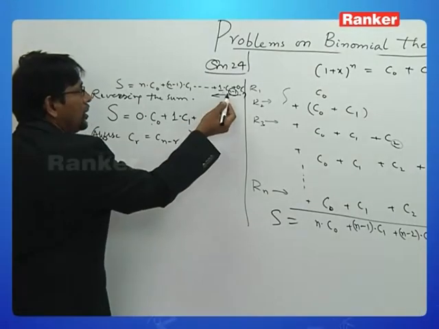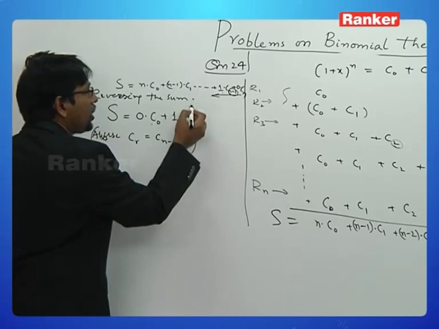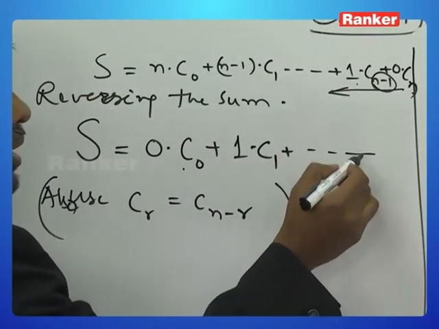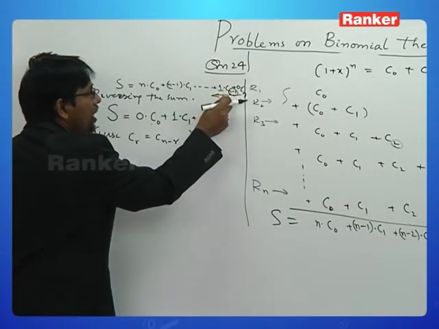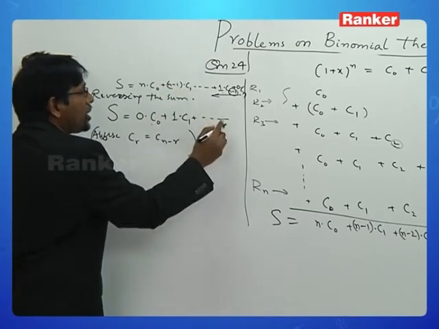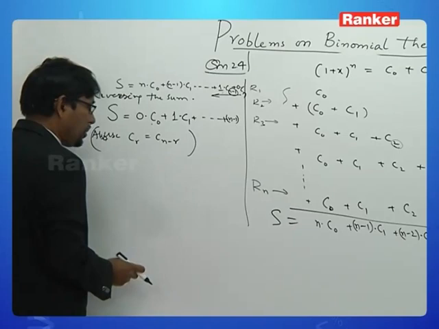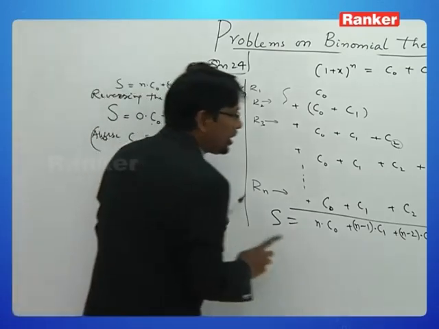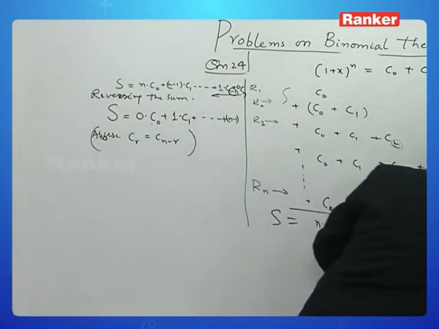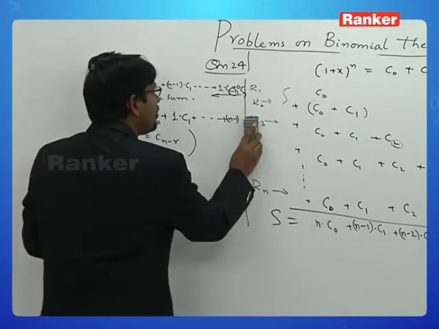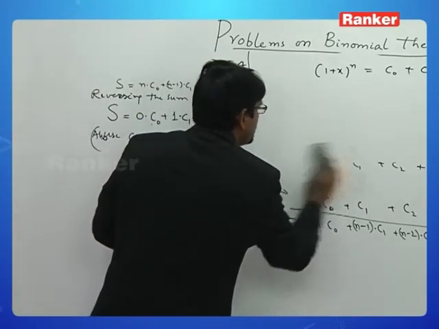Next, the previous term, I'll go on like this. What will come underneath this Cn minus 1? C1 term. What's the coefficient? n minus 1. n minus 1 into C1.